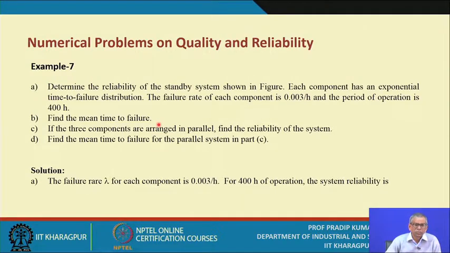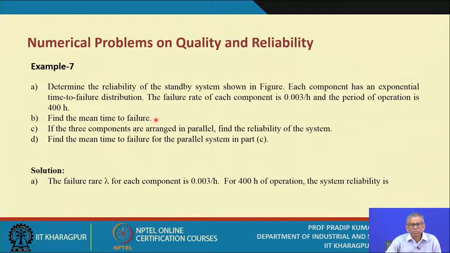Now another term we have used, that is the MTBF, that means mean time between failures. And there is a difference between the mean time to failure and mean time between failures. Now supposing you are asked to compute the value of mean time between failures.